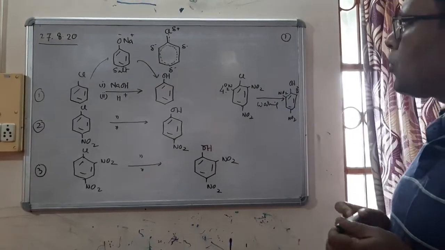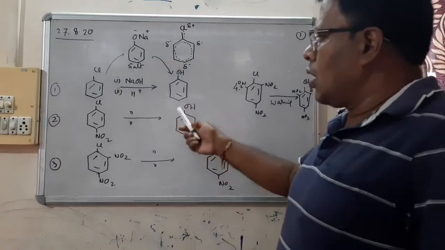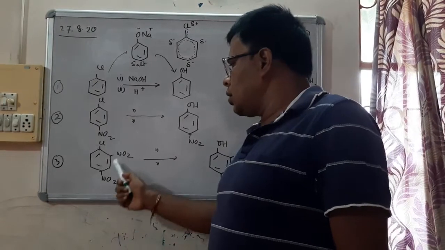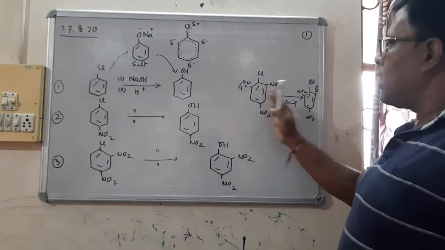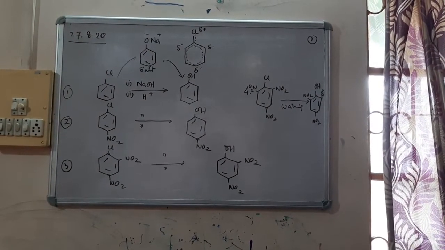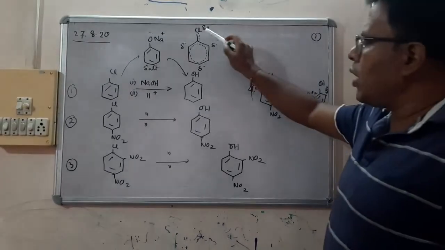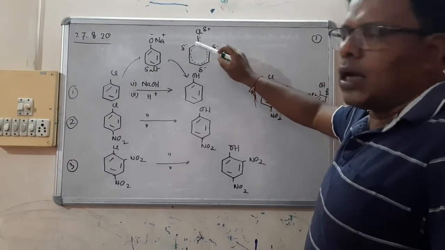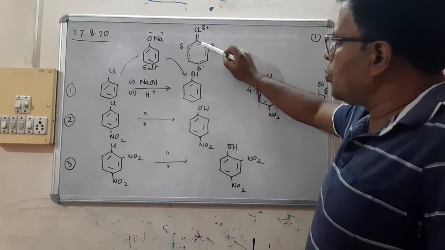So we have to understand why, with NO2 group in the ring, the reaction takes place more easily. Now, in yesterday's video, we know that haloarene is a resonance hybrid, and there is minus charge at the ortho position.